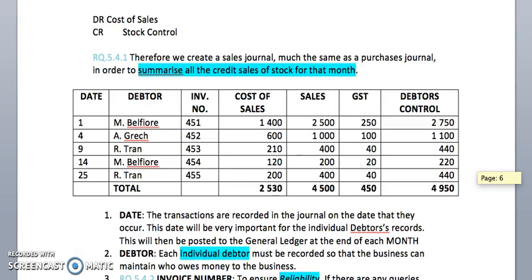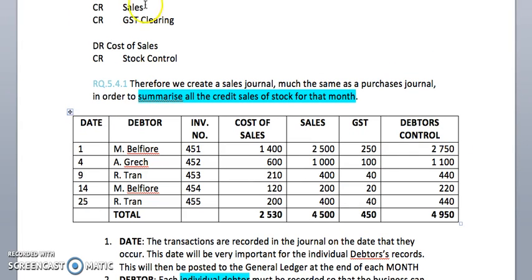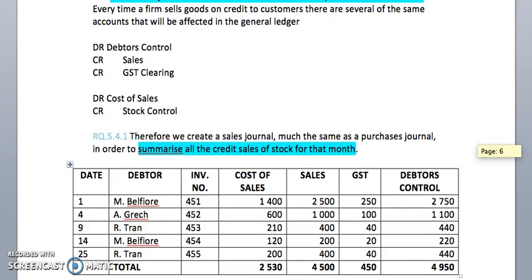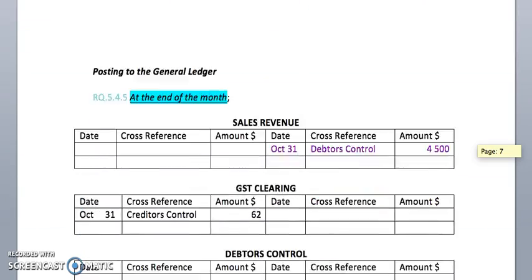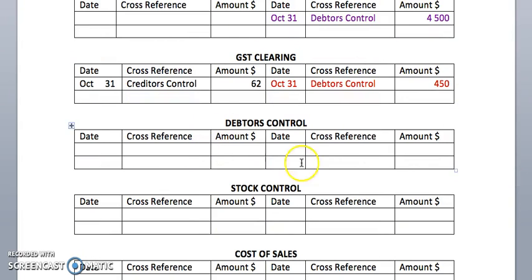Our GST is going to also be a credit entry. We know that it's a credit entry based on up here, GST clearing. It's increasing the liability of 450. Again, our debit entry as a result of this credit entry is debtors control. So we've got October 31, debtors control of 450.